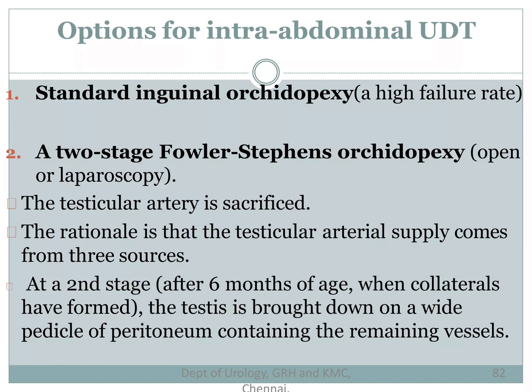That's why we can sacrifice the testicular artery. At the second stage, which we perform after 6 months, it is important to explain to the parents that there is a 20% risk of losing the testis.